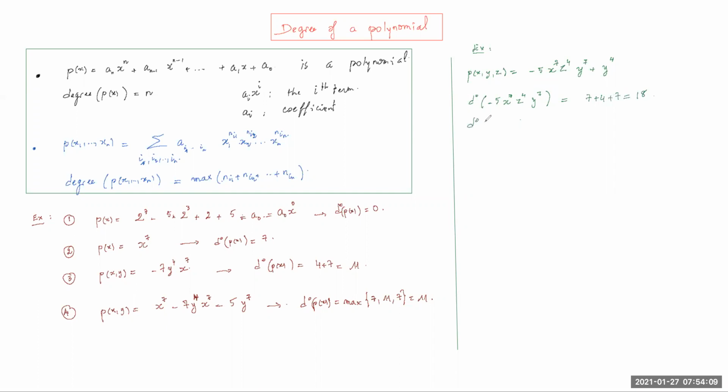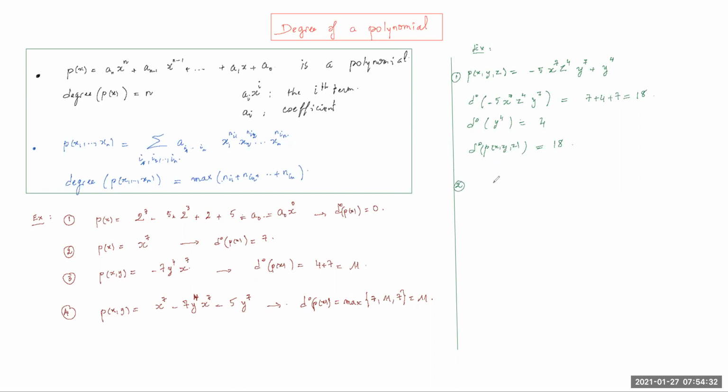The degree of the other term, y^4, is just 4. So the degree of p of x, y, z will be the maximum of those two. The largest one is 18. So this is the first one. What about the second?